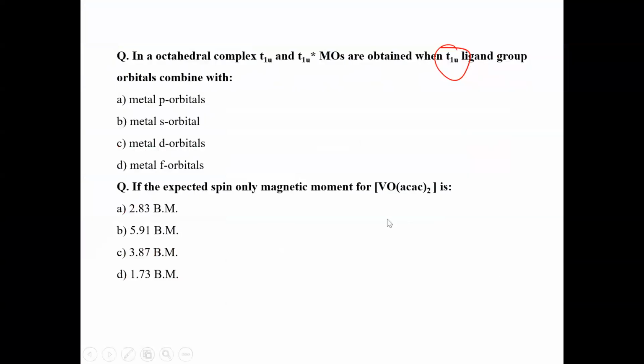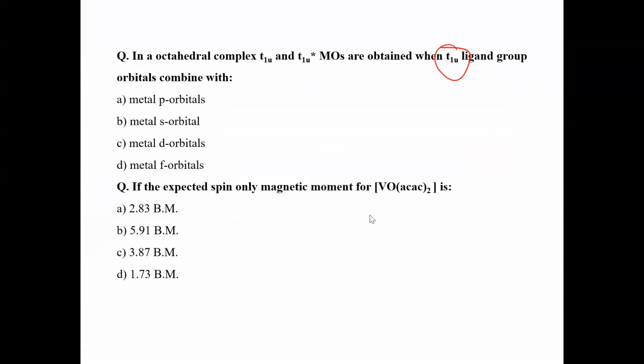Right. Now just calculate the spin only magnetic moment of the second one. First, identify the oxidation state of vanadium. What will it be?